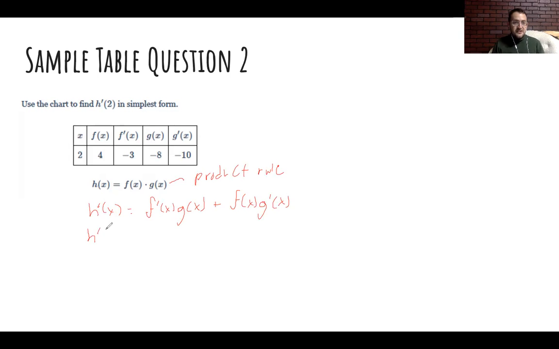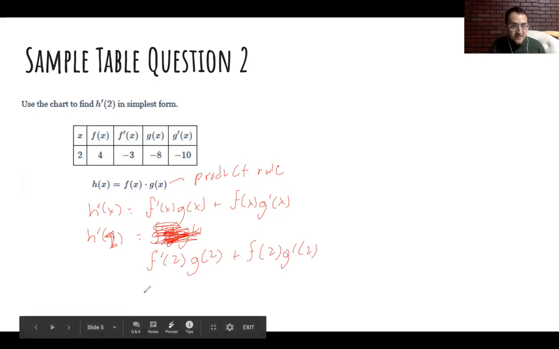If I want to find h prime of, oh wait, actually of 2, I guess you're asking here, I'm going to do f prime of 2 times g of 2 plus f of 2 times g prime of 2.